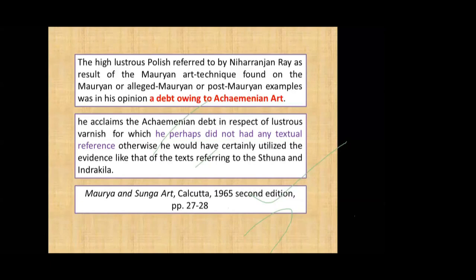And Niharanjan Ray, when he wrote this book, tried to show that the making and establishing of pillars, which English people have said is all in imitation of Persian art, is wrong. He has proved from the Vedic mantras and other literature that this part is wrong.